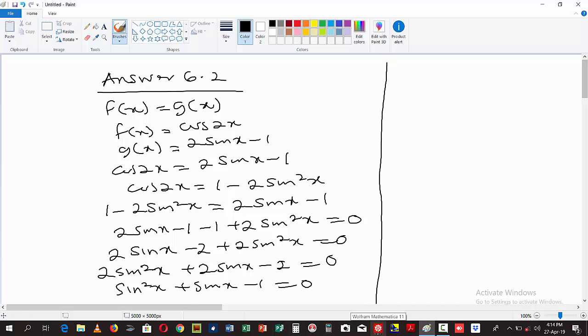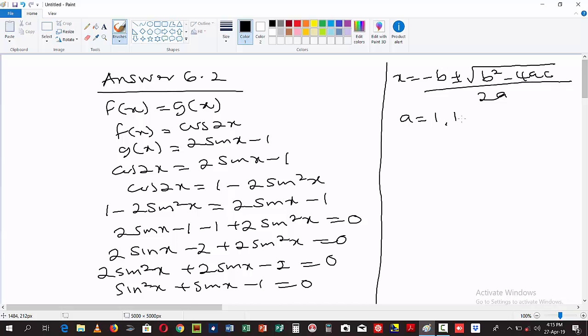So this is the quadratic formula. x is equal to minus b plus or minus square root of b squared minus 4ac, divided by 2a. So our a is going to be 1, b is going to be 1, and c is going to be negative 1.